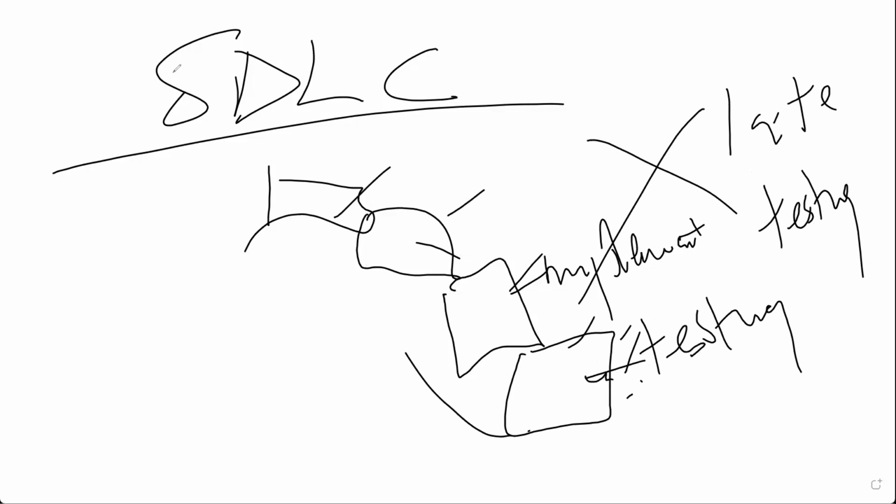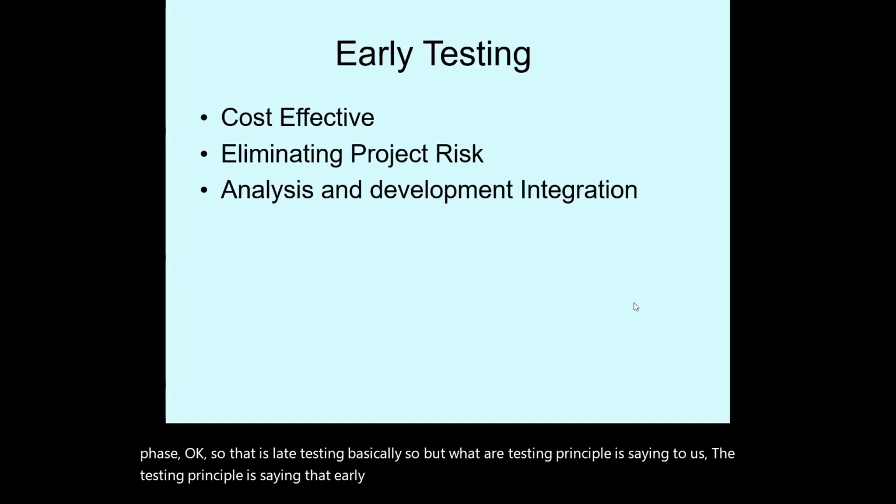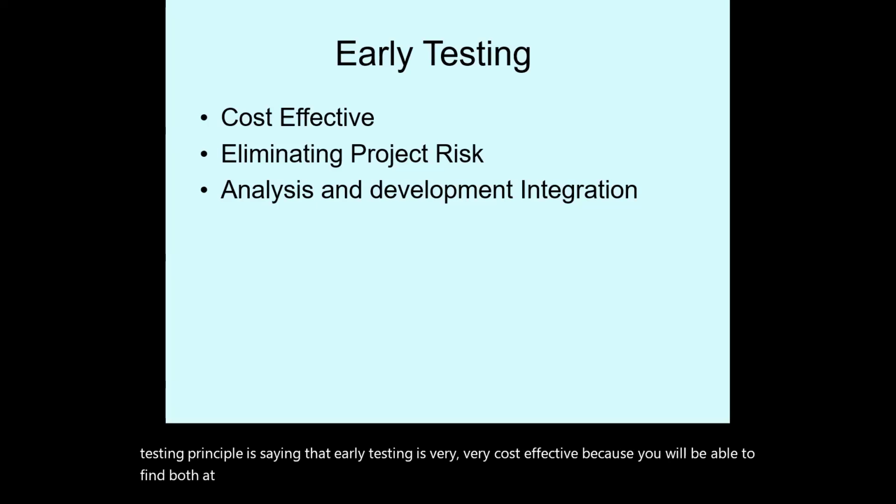But what is our testing principle saying to us? The testing principle is saying that early testing is very, very cost effective because you will be able to find bugs at the initial phase of the development.